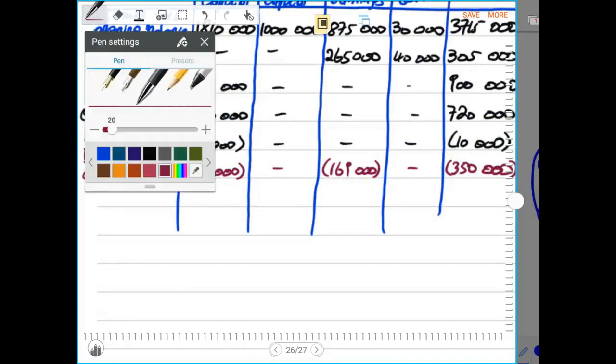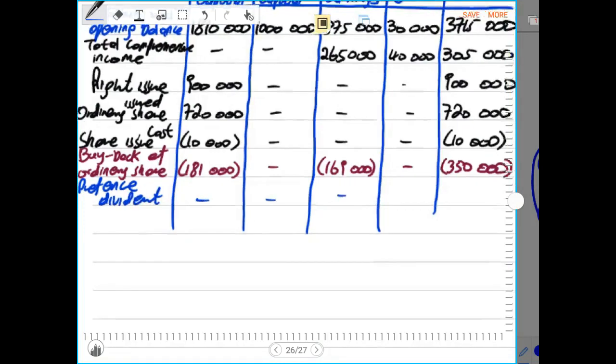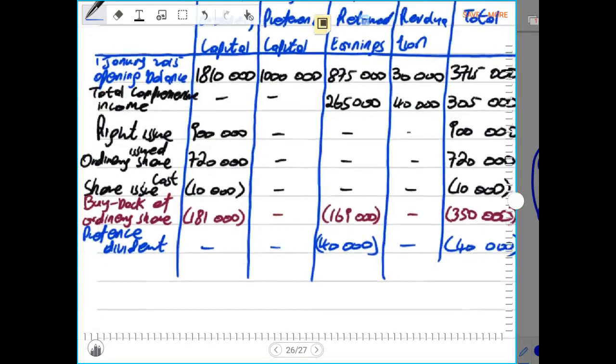Preference dividends of 40,000 rands negative, and 40,000 rands under total negative.